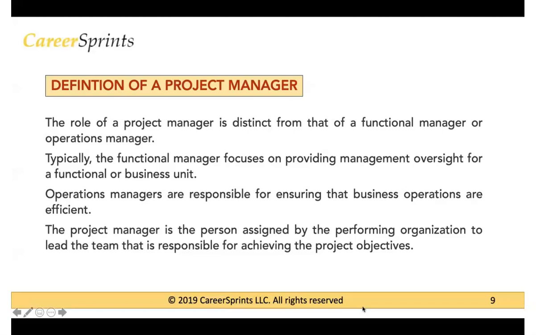So these managers are primarily task managers, right? So their focus is very different. Their focus is just on ensuring that their team is following a process and that the team is able to deliver the outputs that are expected of them, right? So their role becomes more narrow as compared to a project manager.